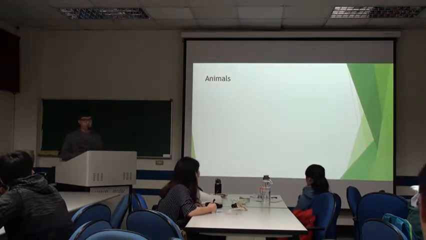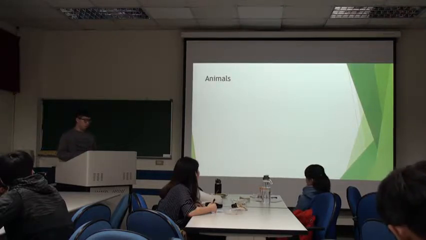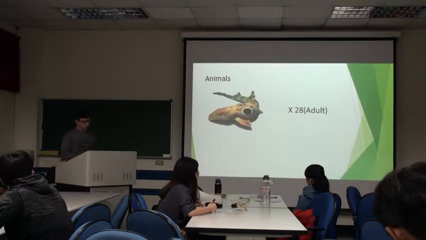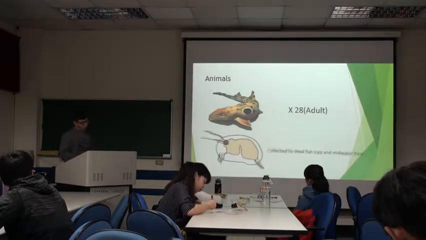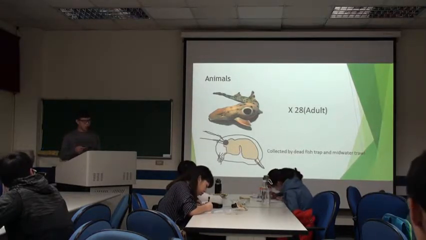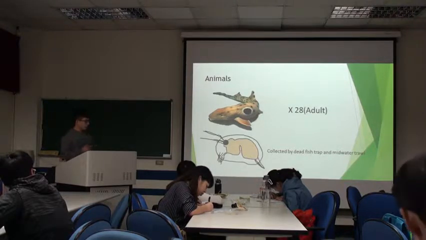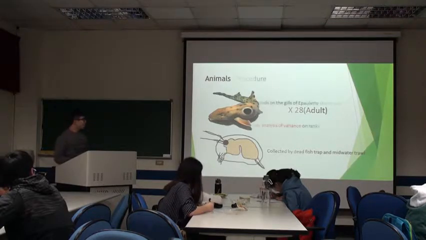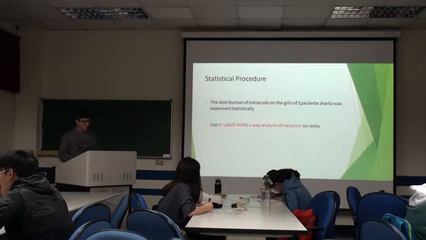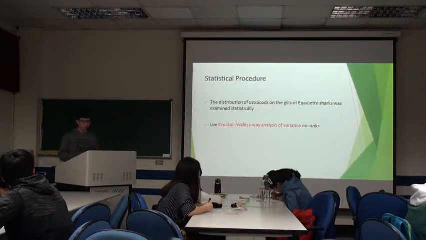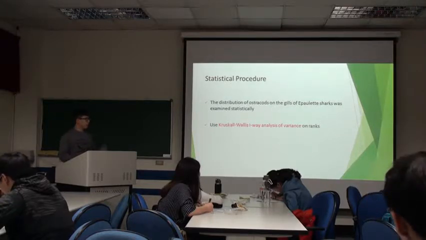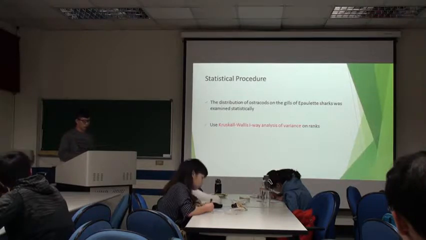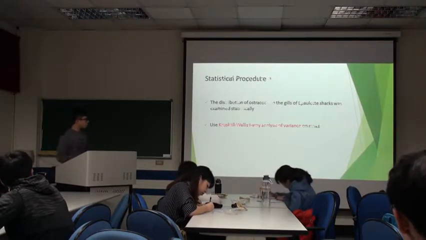To complete this experiment, firstly we need animals. 28 adult epaulette sharks and other ostracods used to compare the feeding appendages were collected by dead fish trap and midwater trawl. Secondly, statistics. The distribution of ostracods on the gills of epaulette sharks was examined statistically, and we used the Kruskal-Wallis one-way analysis of variance on ranks.